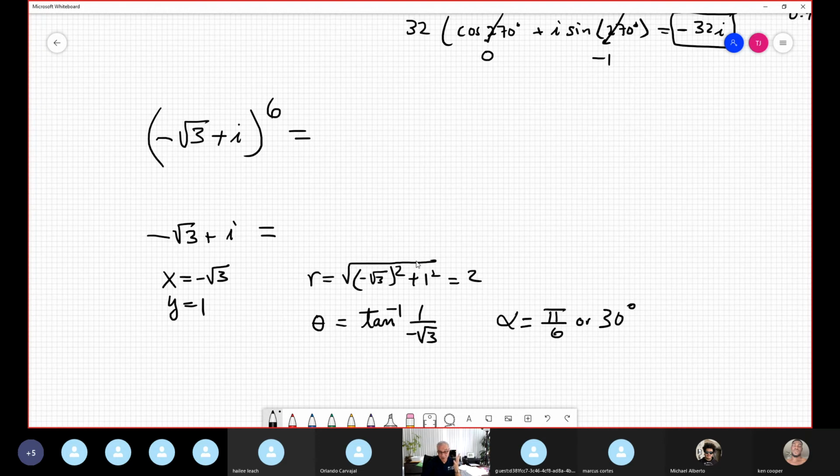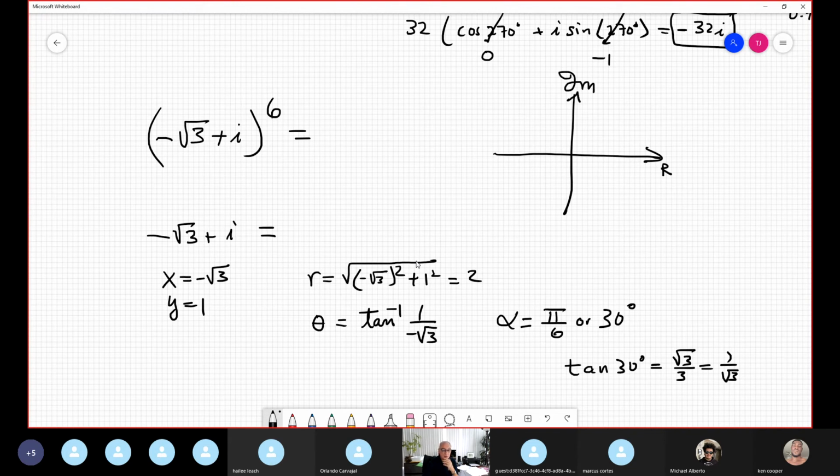Because I remember in chapter 1 that tangent of 30 degrees is radical 3 over 3, which is equivalent to 1 over radical 3 without rationalization. The negative sign indicates it is not in the first quadrant, maybe in the second or the fourth quadrant. I am lost. However, I do the sketch of the complex number, real, imaginary.